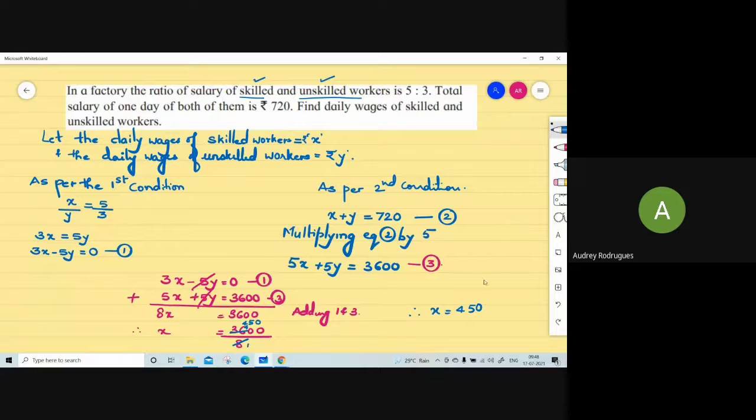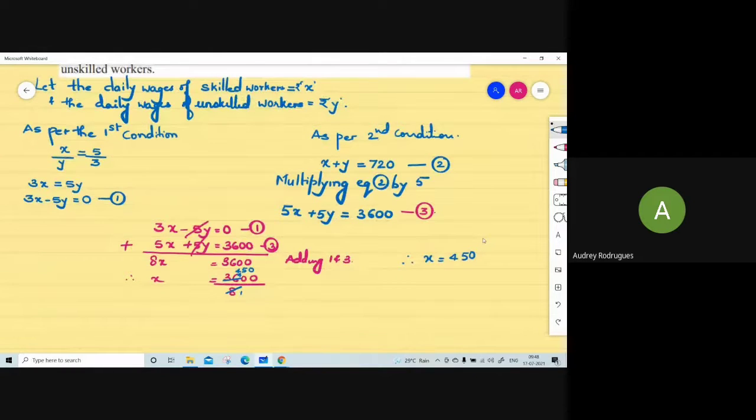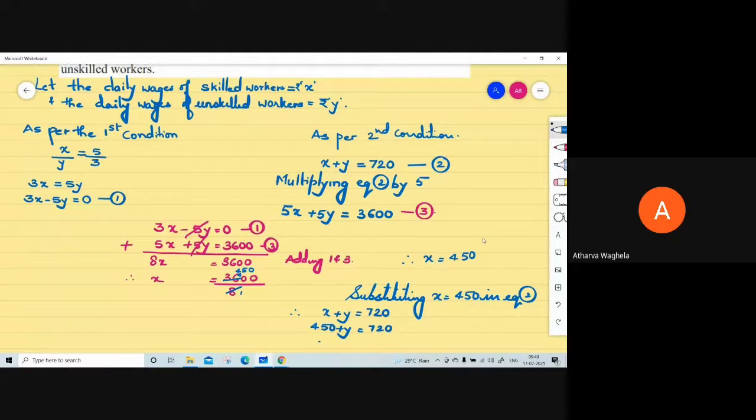Now, substitute x is equal to 450 in equation 1. y is equal to 270.